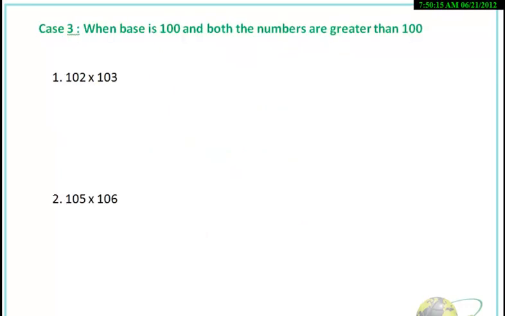Now let's take the cases where the base is 100 and both the numbers are greater than 100. Okay, let's begin. It's 102 and 103. In the previous case we subtracted the numbers from 100.